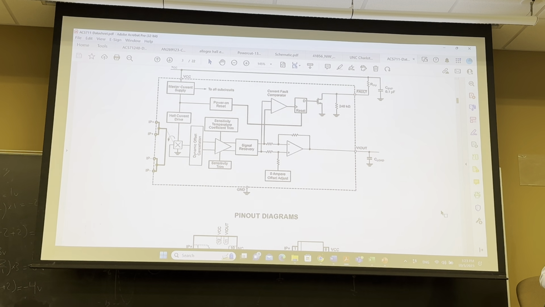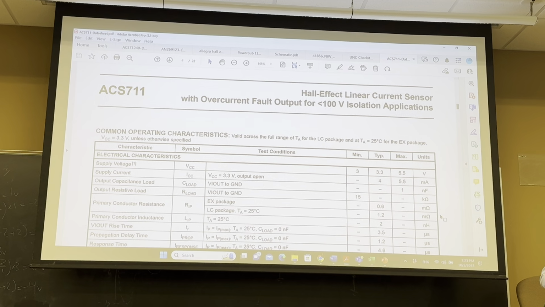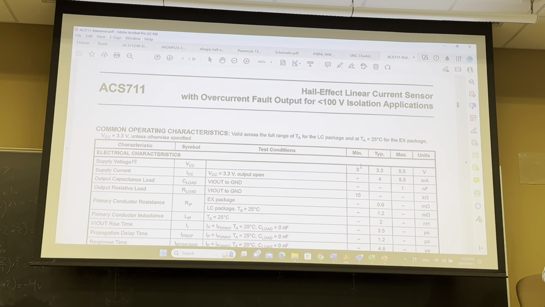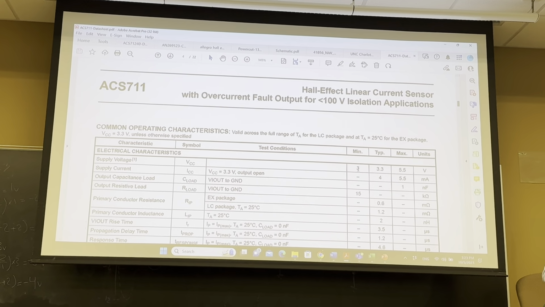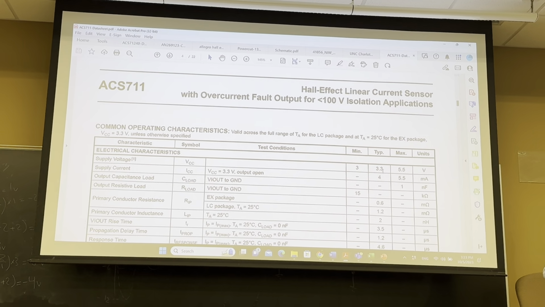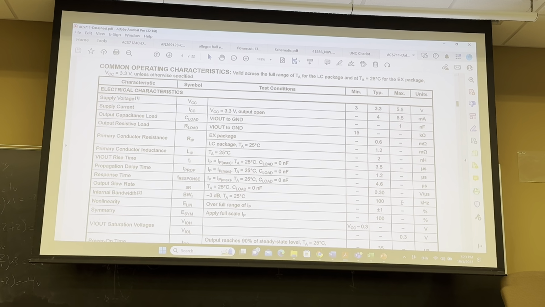Functional block diagram. Let's go to the data sheet. Okay, so supply voltage, you can go 3 to 5 volts. It says typical 3.3 volts. And 100 kilohertz bandwidth.